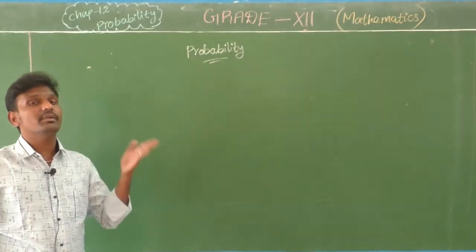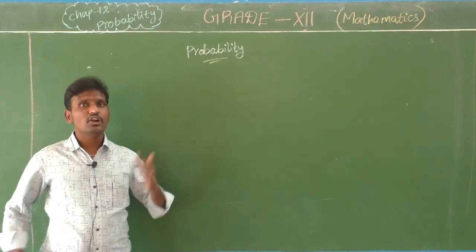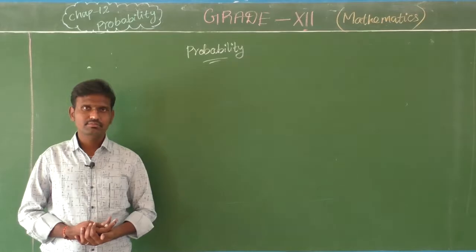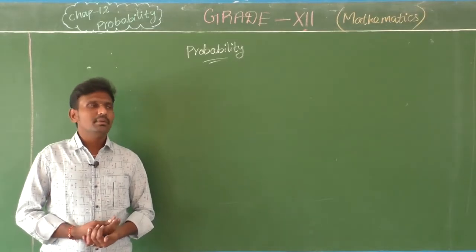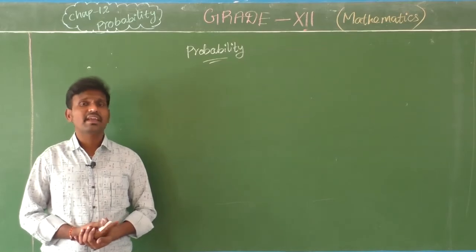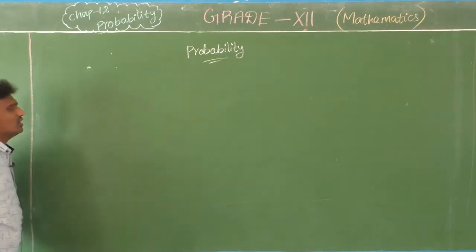This will continue for your higher studies also. These concepts carry over to your higher studies, like engineering, maths or anything, it will come. Okay, yes students. So let us move to our probability.